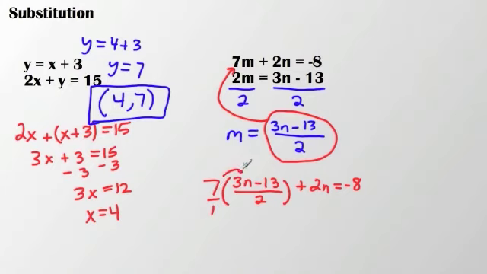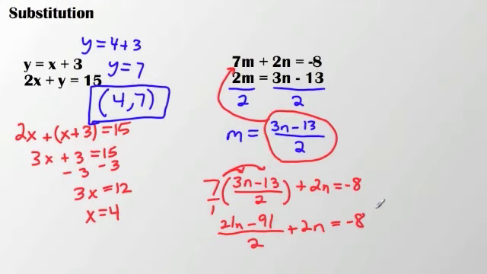So I'll multiply straight across using the distributive property. And I get 7 times 3 is 21n minus 7 times 13, which is 70 plus 21, so 91 over 2 plus 2n equals negative 8.